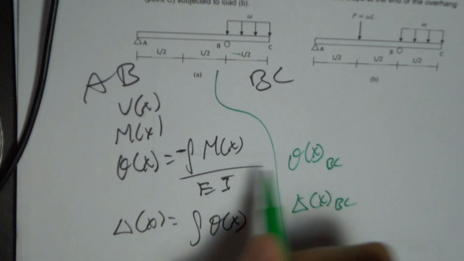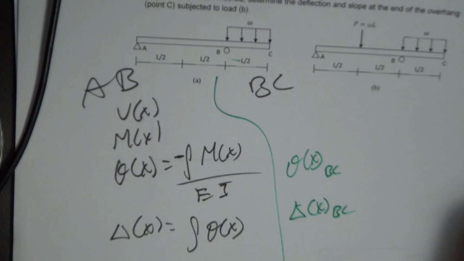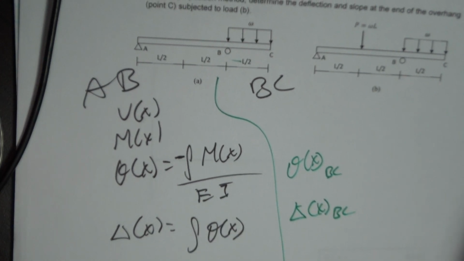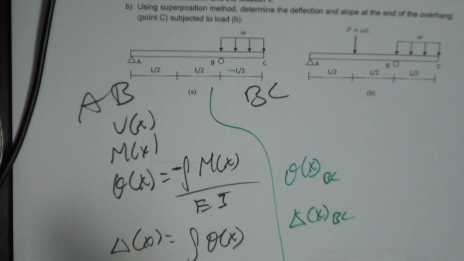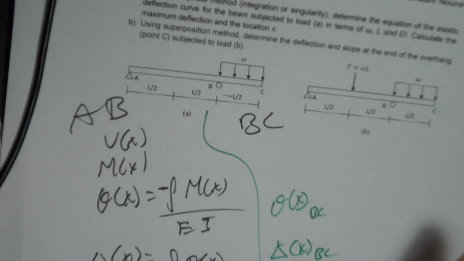Set these equal to each other, and with that you should eliminate some of the unknowns. And I'm hesitant to go into superposition method right now. You guys apparently learned superposition method. I'm not sure how well that was covered.